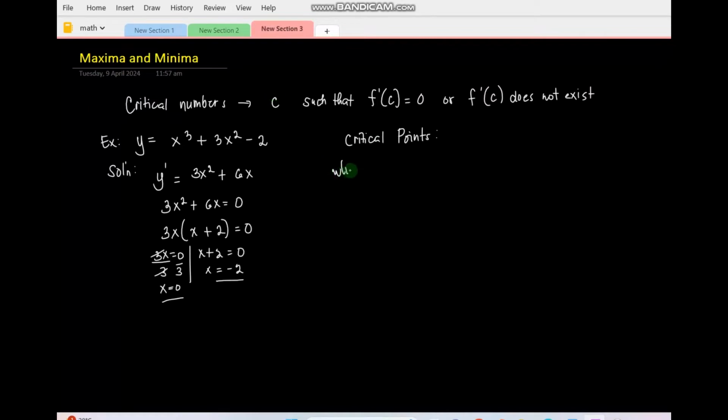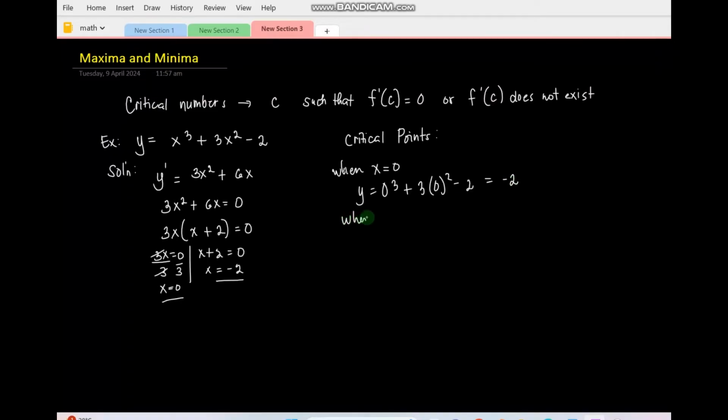So, when x equals 0, our y is just 0 cubed plus 3 times 0 squared minus 2. And that is equal to negative 2.